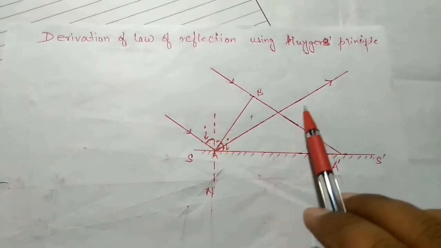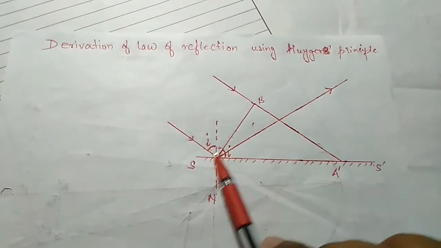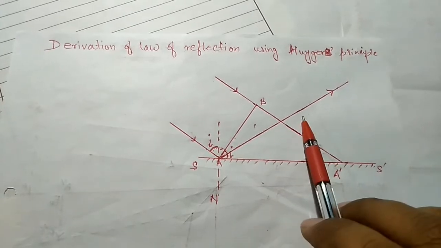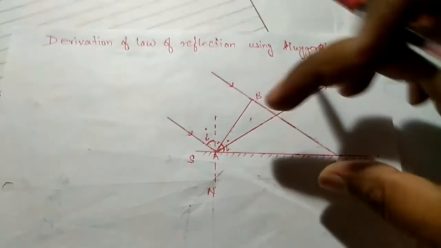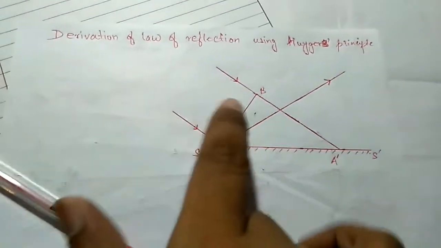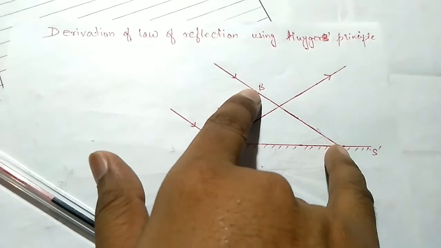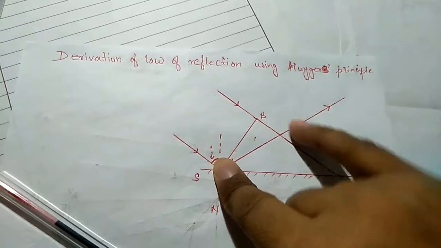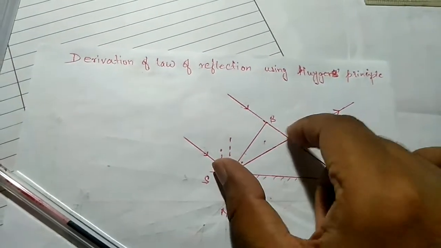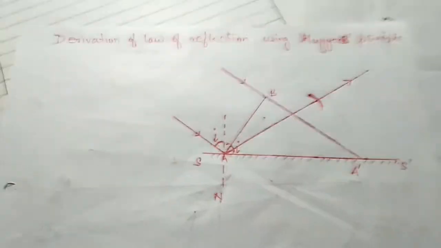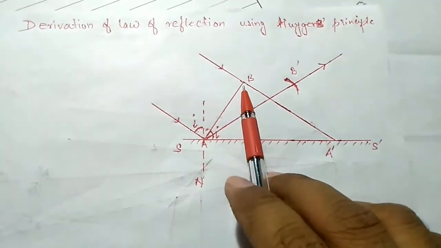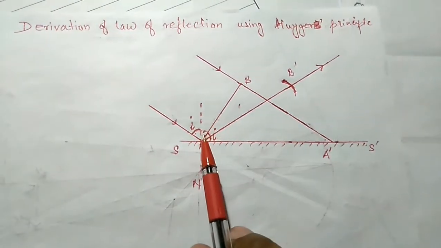Let's draw it further, because I don't know from A up to where. So what to do? We take the arc of this same distance and cut it on this line, using a compass. So here I have drawn an arc B dash such that B to A dash is equal to A to B dash.